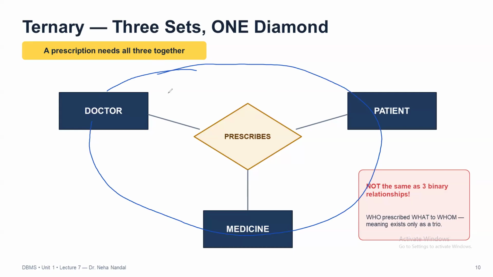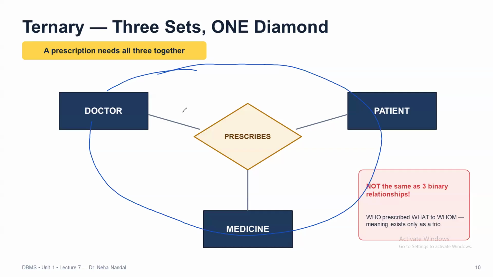Suppose a doctor prescribed some medicine to someone, a patient, and that patient received that medication, prescribed by whom? By the doctor. Who prescribed what to whom? All three together capture this prescription.